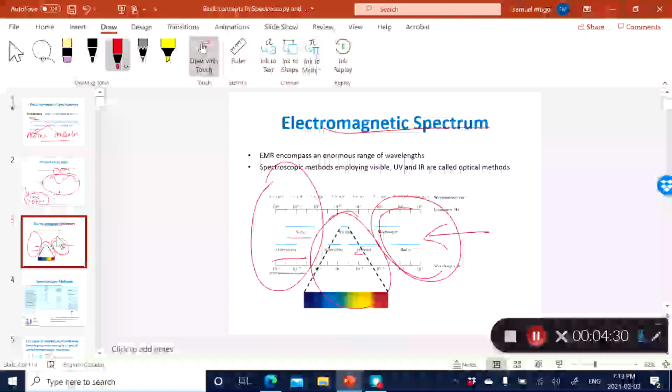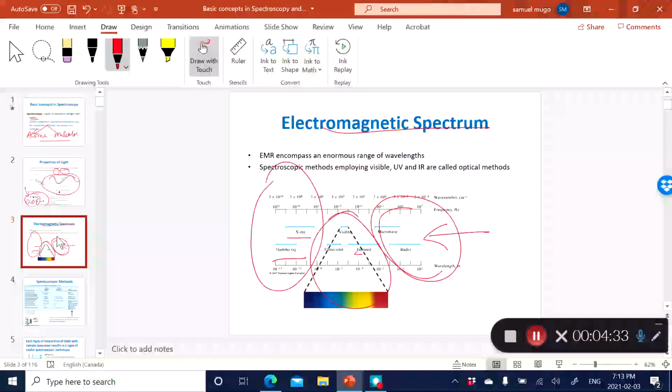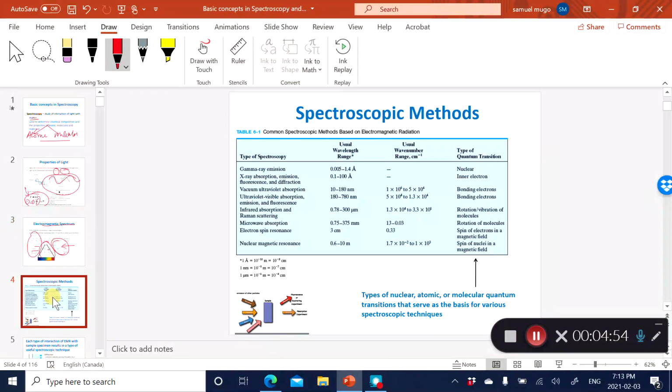Instead, you would have things like rotation of the bonding electrons, and so on. So take note of that. Depending on the energy of the electromagnetic radiation that you are using, different valence electrons are going to be affected by those types of electromagnetic radiation.